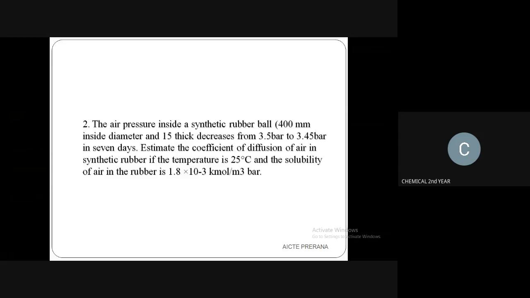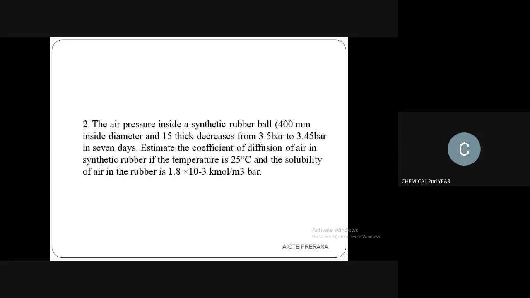First of all, this is based on diffusion mass transfer. Diffusion, as I have already told you, means the transfer of mass from one phase to another through a medium. Consider that a membrane is present.